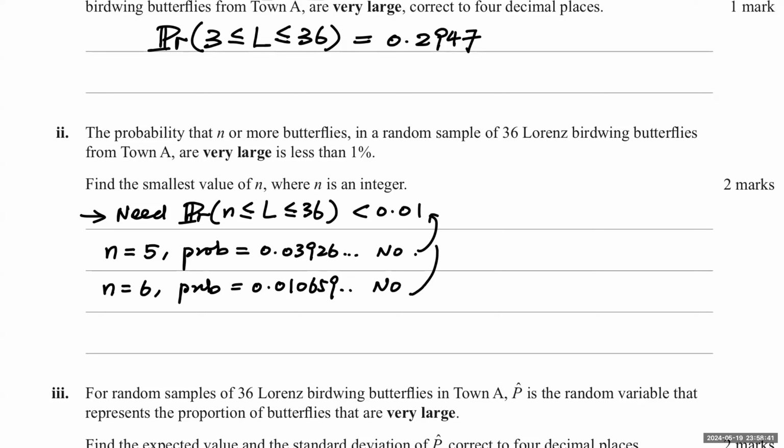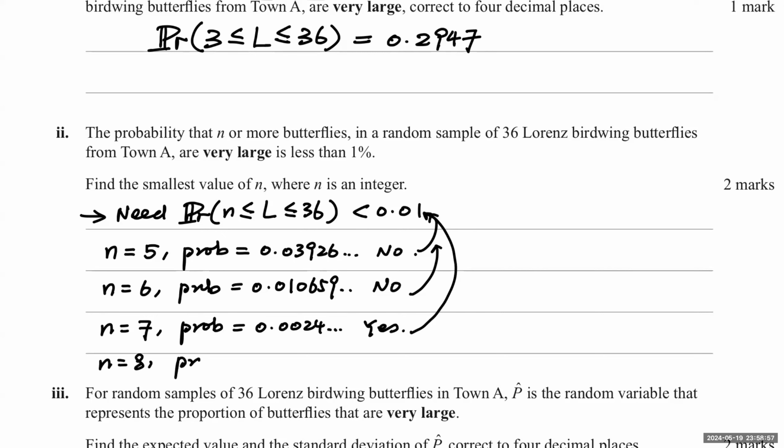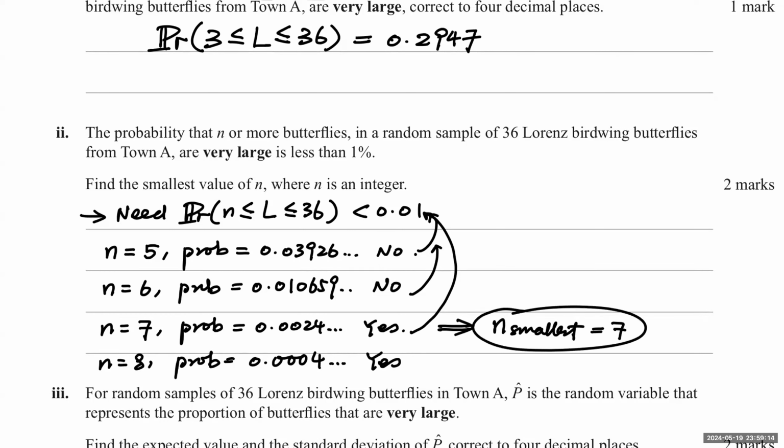No, it's still larger than 0.01. N equals 7, probability is 0.0024. Yes. N equals 8, probability is even smaller. So that gives me N smallest equals 7, okay?